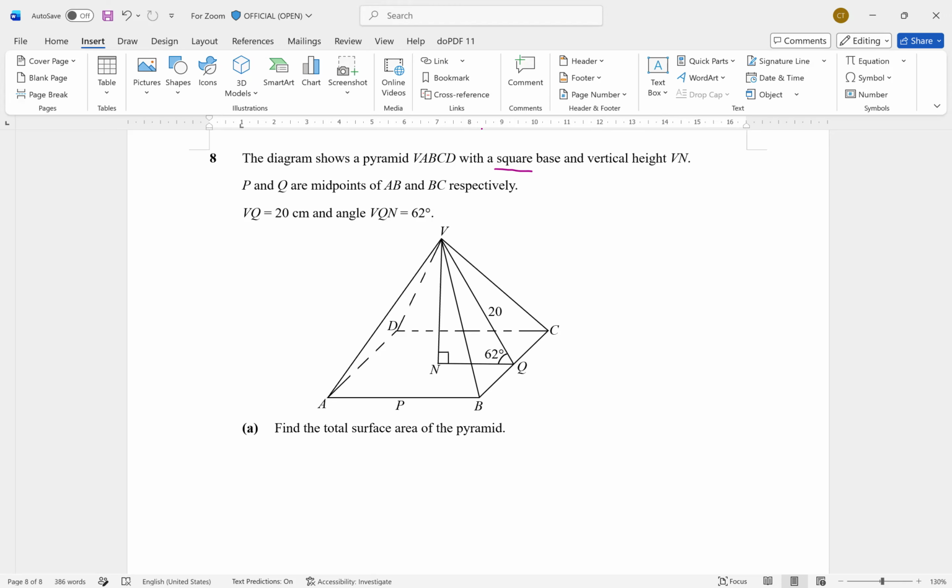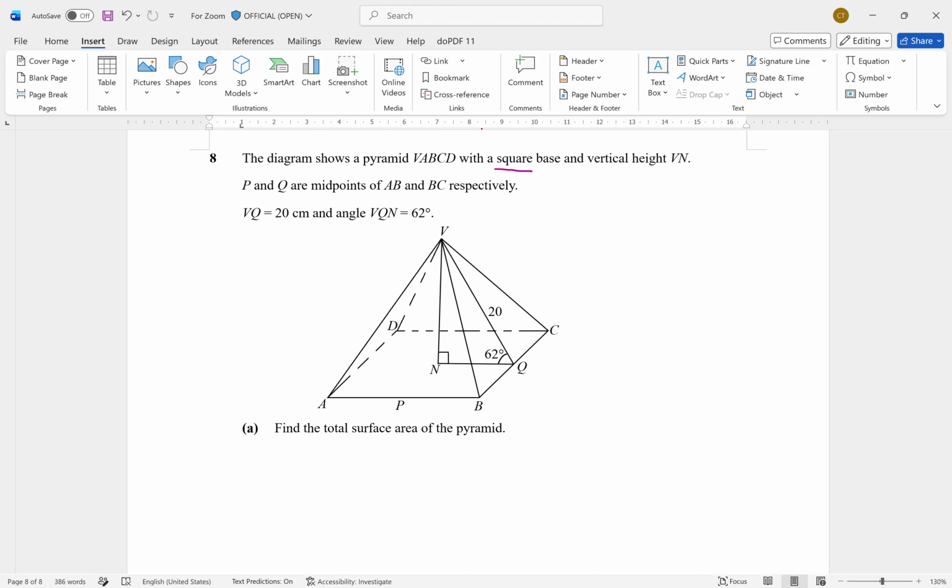If we know AB, we know BC, and in a sense we have solved the entire question. So how can we find NQ? We have triangle VNQ, which is a right angle triangle. We know the angle 62, and we know the length 20, which is the hypotenuse. So we should be able to find NQ.